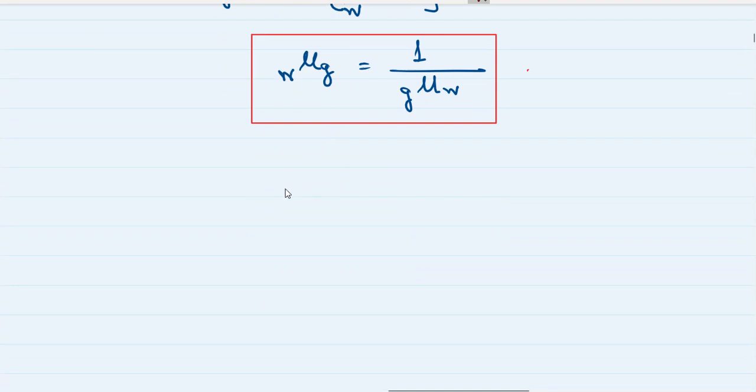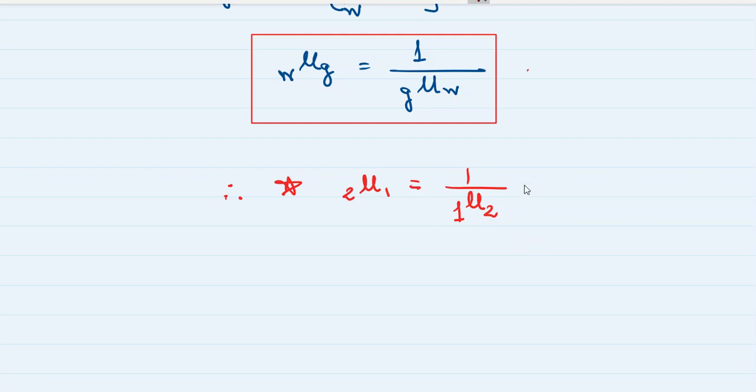This relation can be written as: refractive index of medium 1 with respect to medium 2 is equal to 1 upon refractive index of medium 2 with respect to medium 1, right?